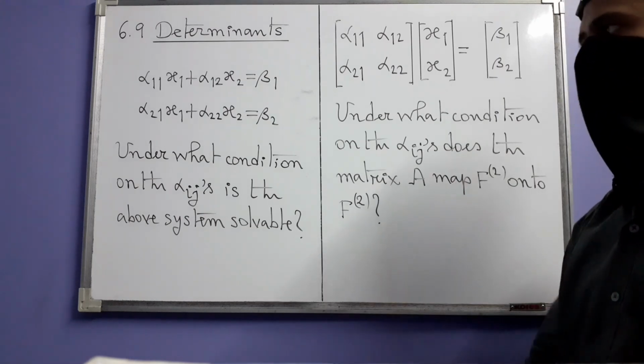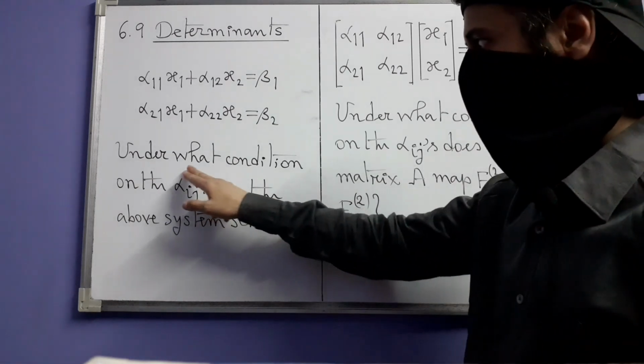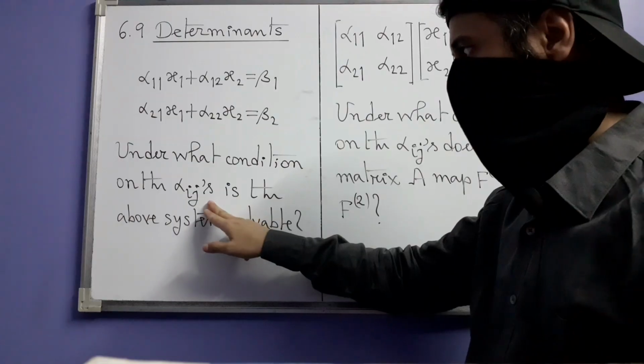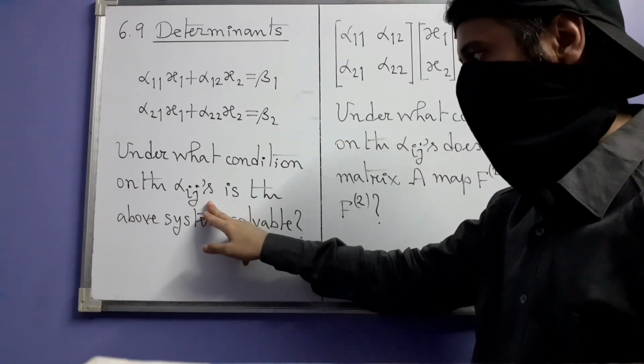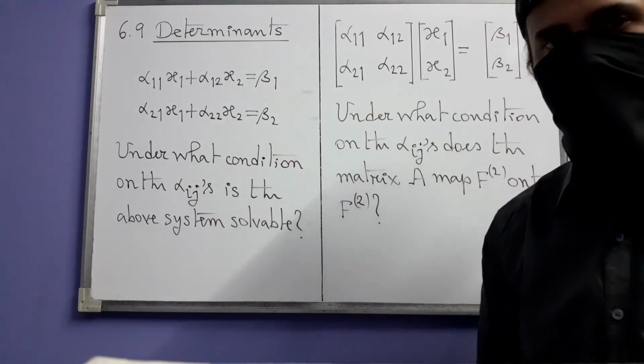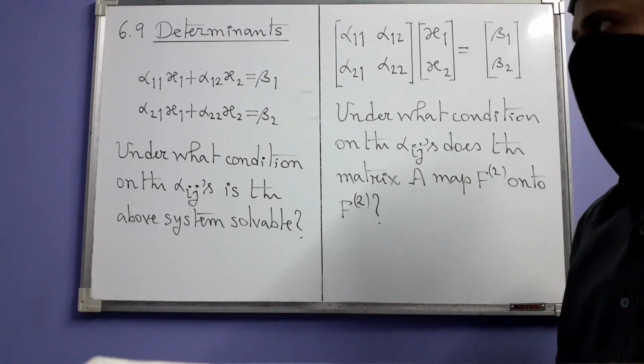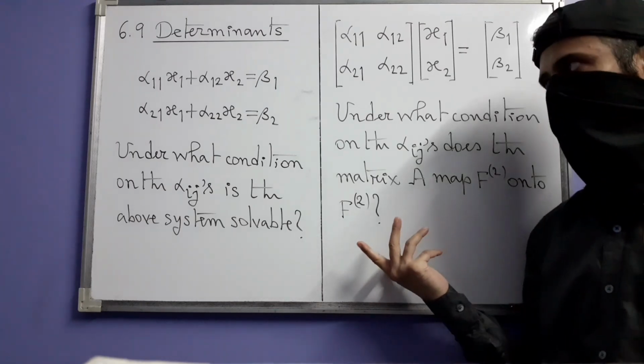And here is a question about this system. Under what condition on these coefficients alpha ij's is the above system solvable? We can rephrase this question like this also.